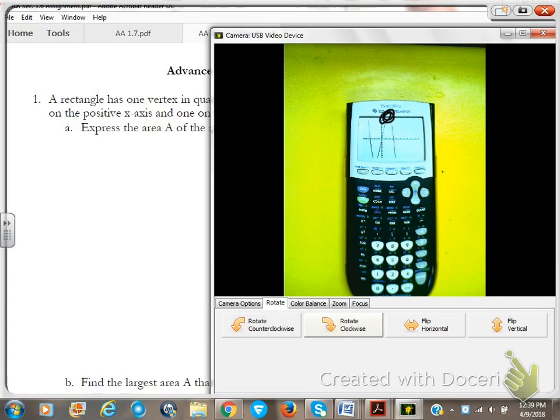Second, trace, 4. Make sure you're on the left side of the hump. Then make sure you're on the right side. Okay, so I got an ordered pair. That's 1.83, 12.17.